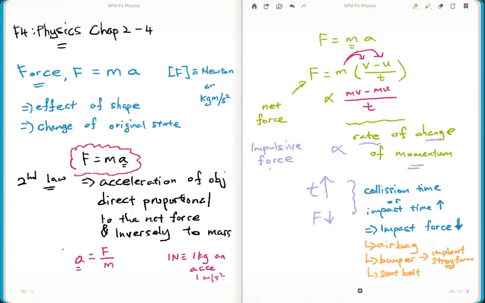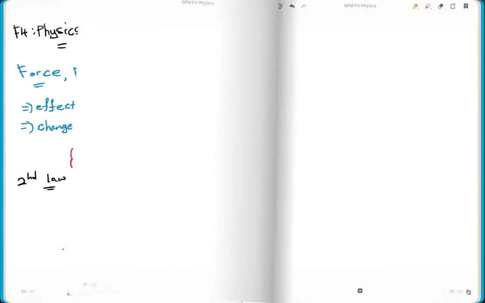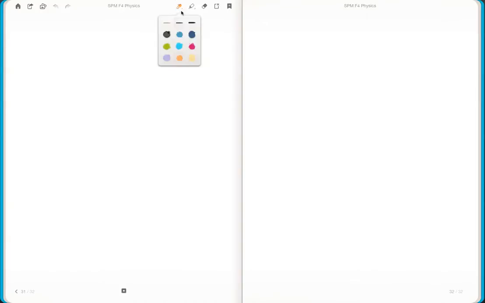So this is about impulsive force. Now, with this equation, mathematically, you may change it to another form where you bring up the t, so therefore Ft equals mv minus mu. If you bring up the t, the product of force and time gets another name.